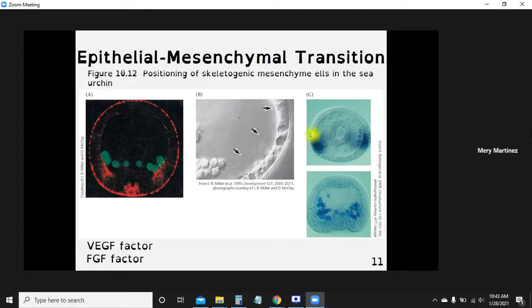So where is that one? Over here, right? Between the endoderm and the ectoderm. So the sclerogenic mesenchyme cells will collect towards those points. We see these cells really accumulating when the fibroblast growth factor is found. So cells are always following a signal to tell them where to go.